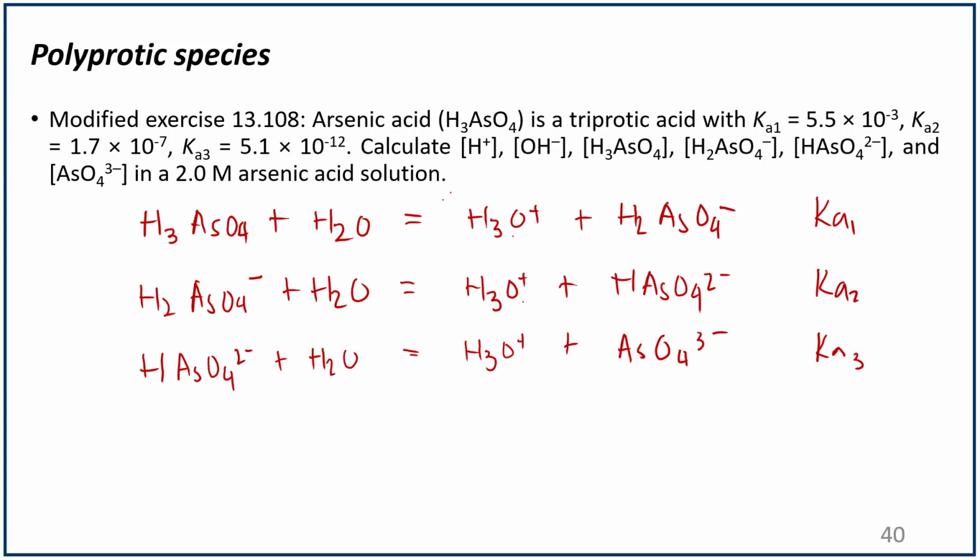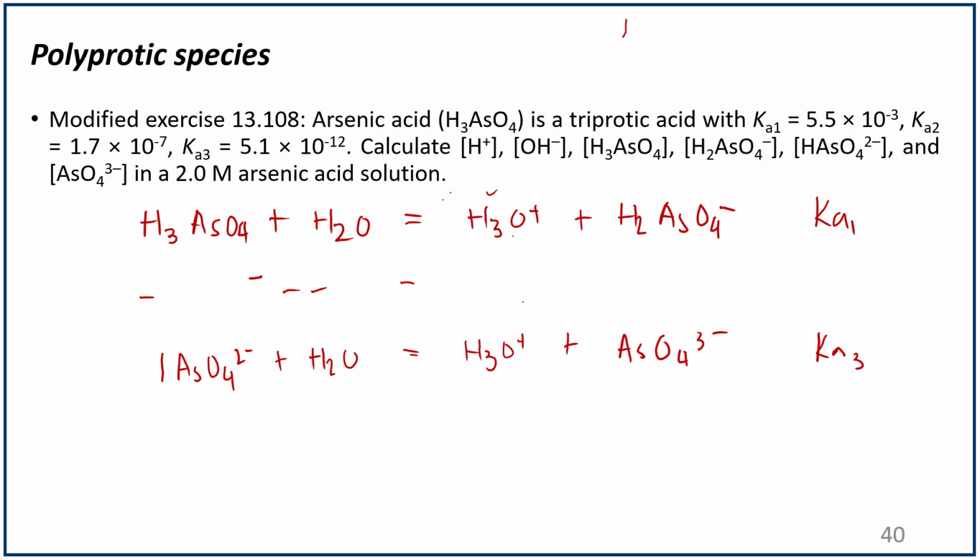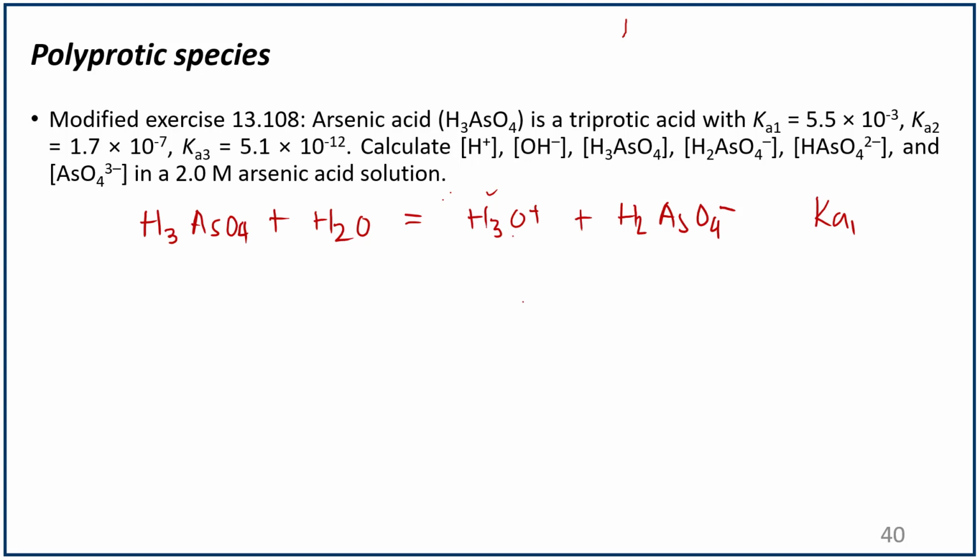But let us first calculate for the first Ka. Calculate how much concentration of hydronium, or well, H plus. It's the same thing. And this we have at equilibrium. Okay, so let's erase that for now. Okay, and then to write the ICE table, we have molarity here, and then ICE.